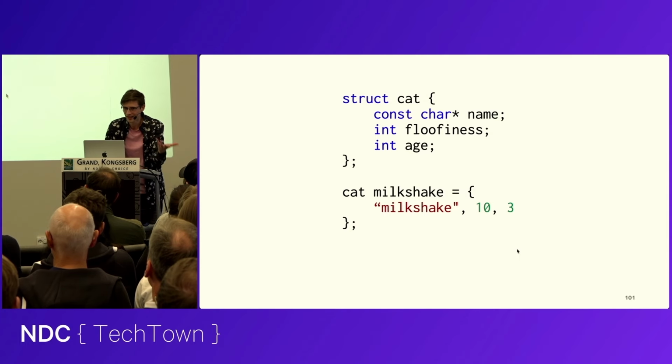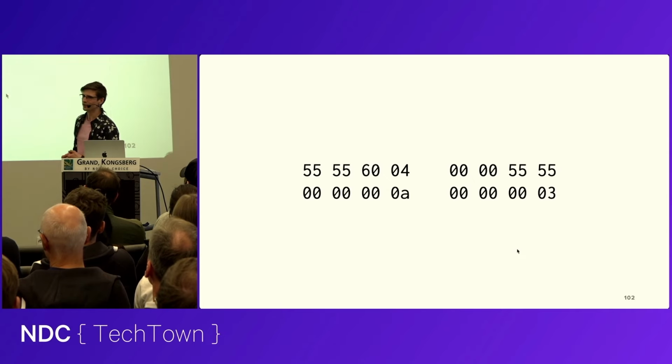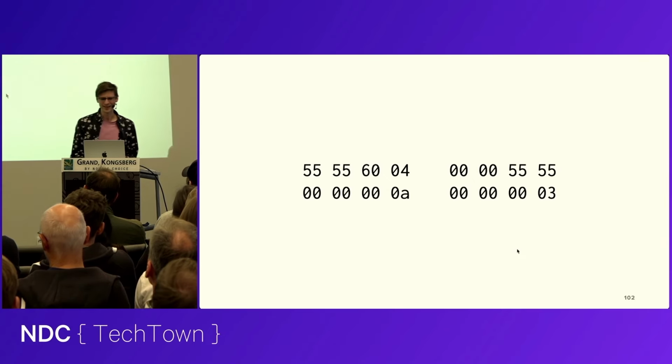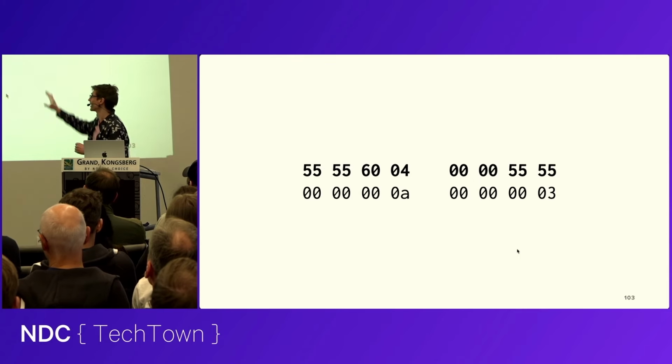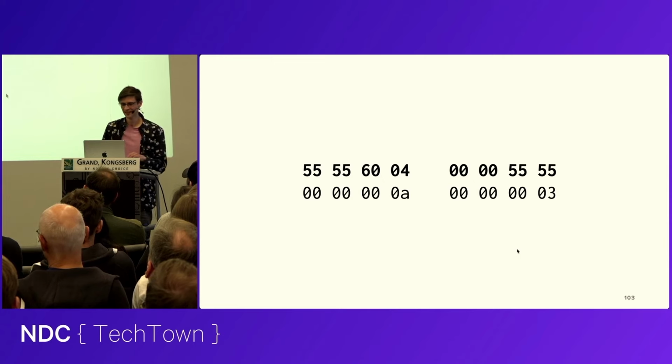Now, at the level of the data in the running process, this just looks like a bunch of bytes. Maybe if you look at it, you can tell this bit is a pointer to the string milkshake.